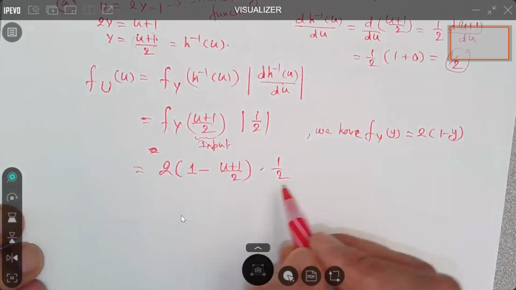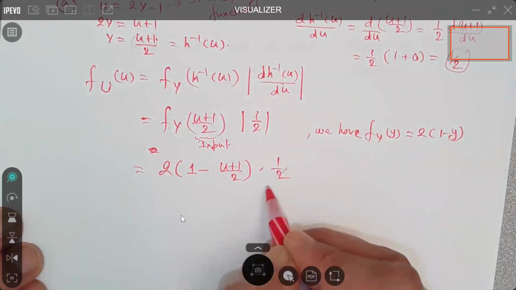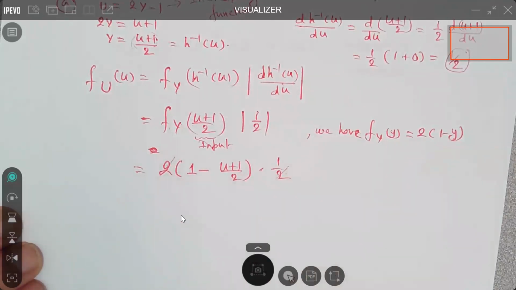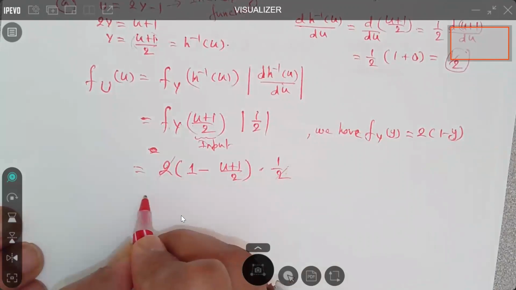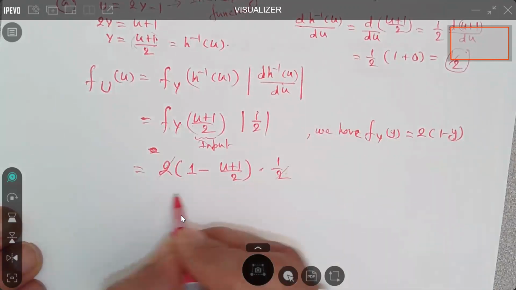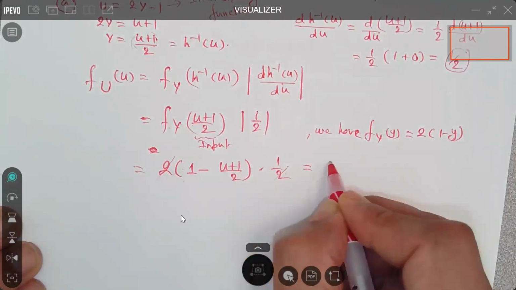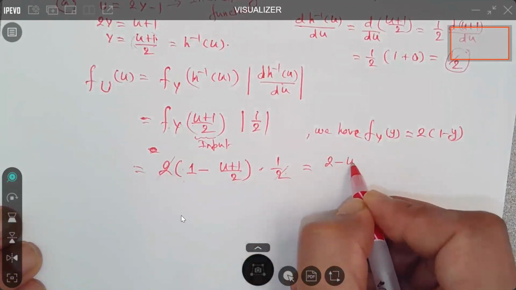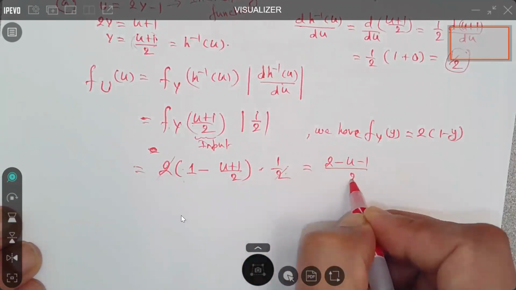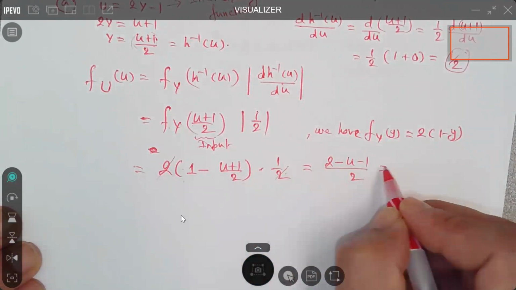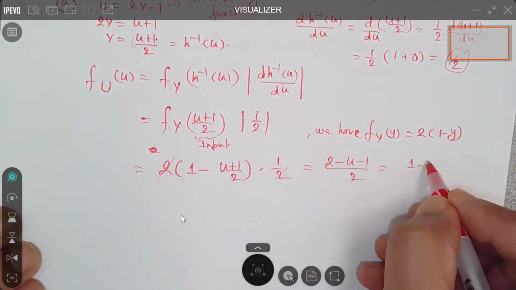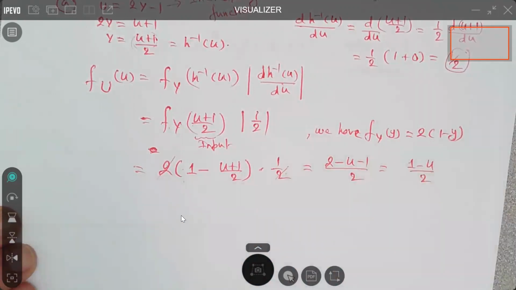Now you can cancel, this is a product, so you can cancel this one and this one here. So this is equal to, now you take the 2 multiplied by 2, so 2 minus u minus 1 over 2, so this is equal to 1 minus u over 2, right?